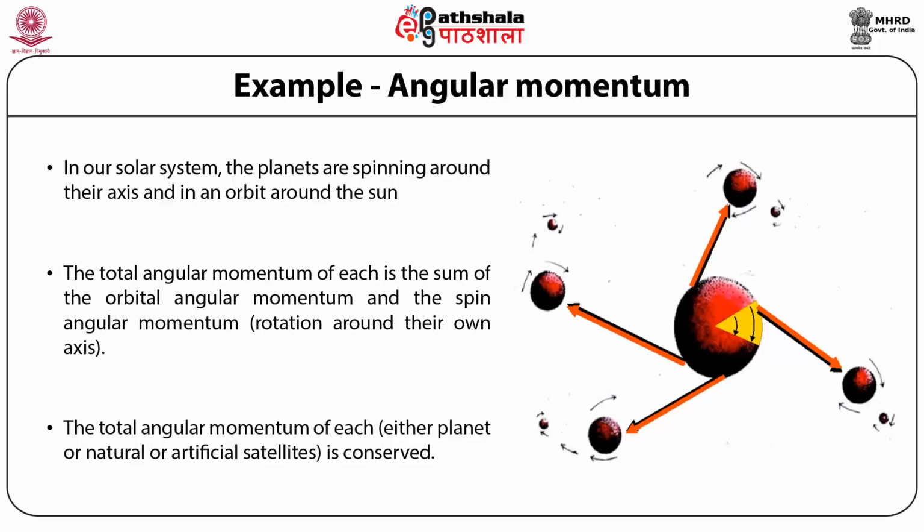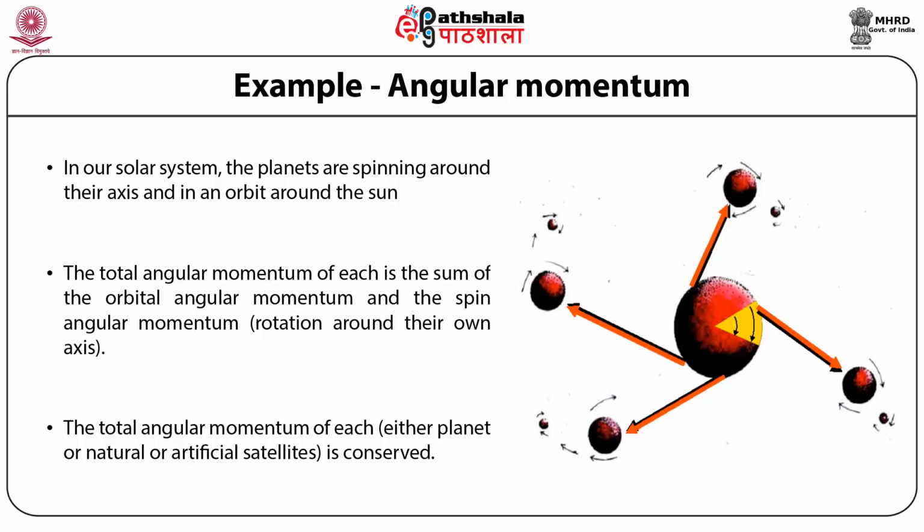So in this picture you see at the center you have the sun, around it you have various planets, and around each planet there are satellites which are called natural satellites. Around Earth, other than the natural satellite which is the moon, we have many artificial satellites which humans have sent into space. So as a whole, the whole system has the angular momentum conserved.